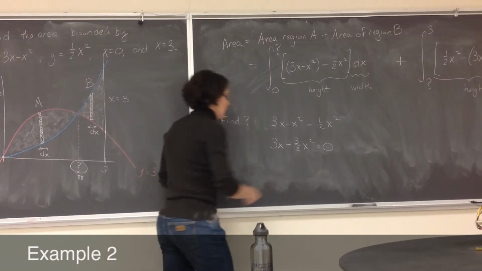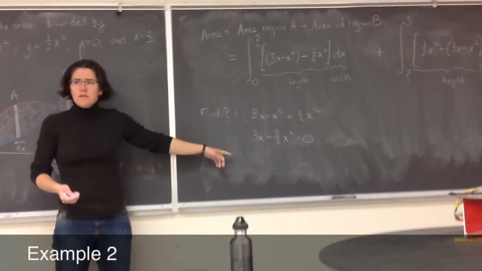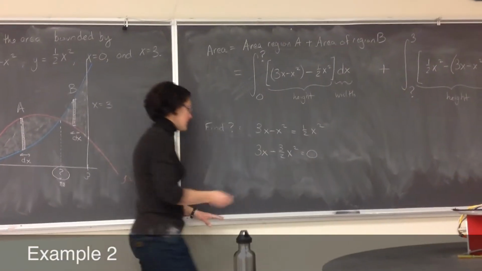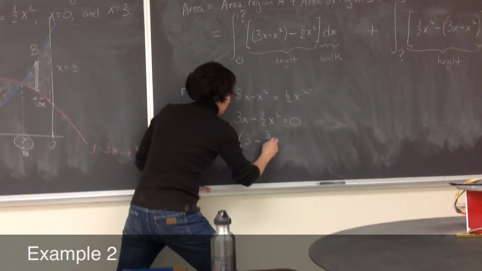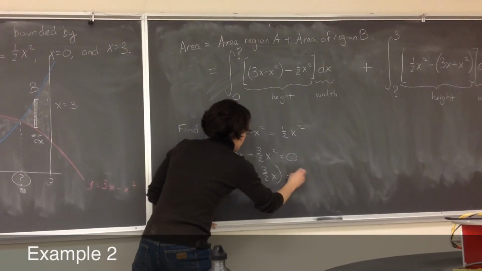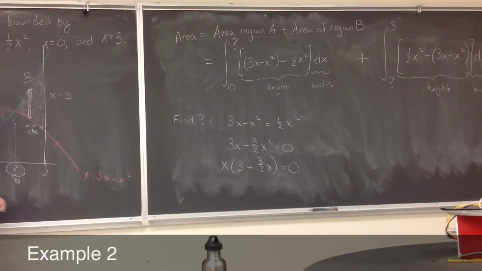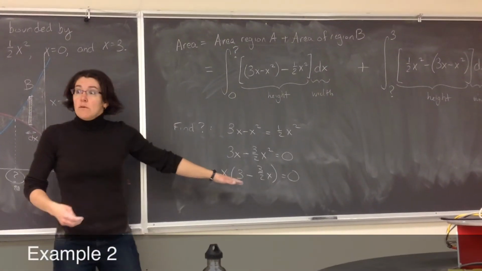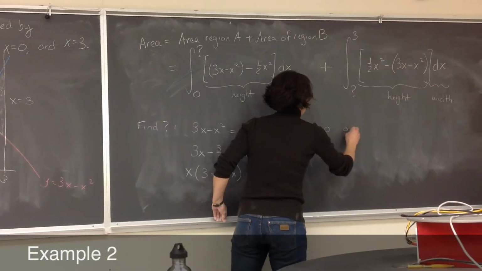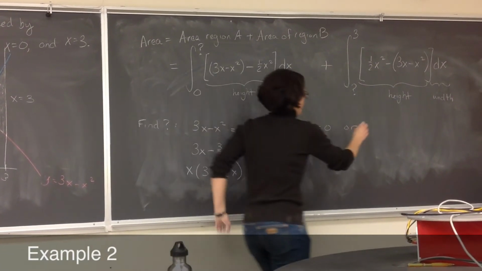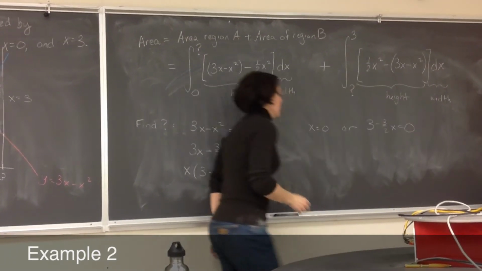Okay. And now I can factor out, what can I factor out here? Yeah, I can definitely factor out an x. And so I've got x times 3 minus 3/2 x equals 0. Now, what's nice here is that either x equals 0 or 3 minus 3/2 x is equal to 0.